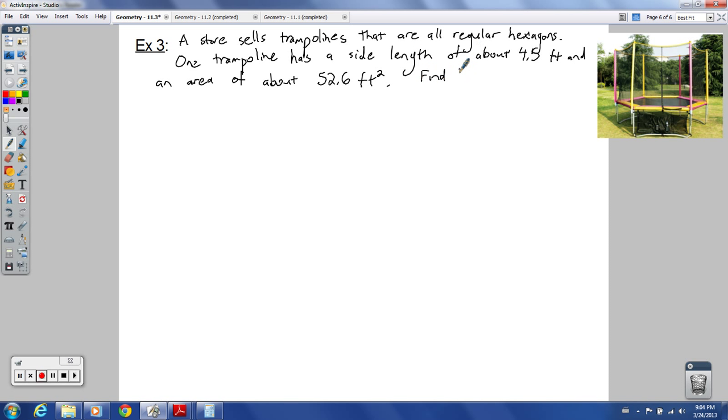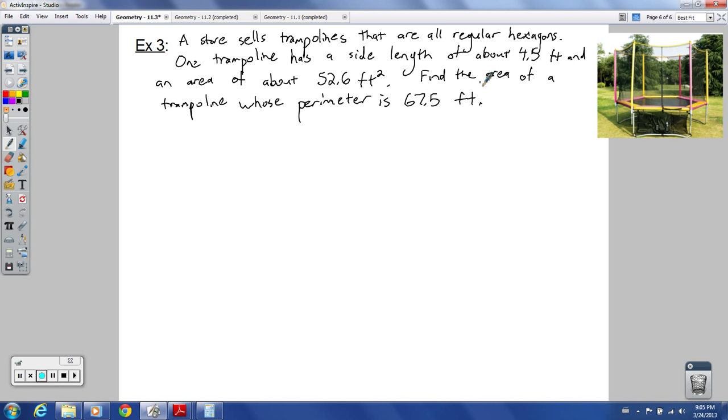What we're going to try to do is find the area of a trampoline whose perimeter is 67.5 feet.